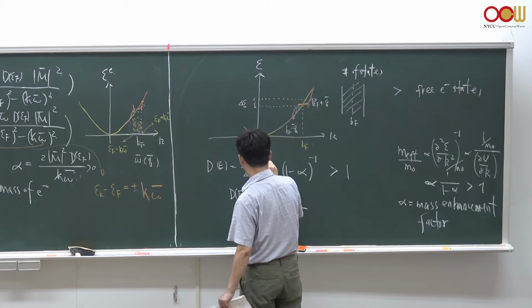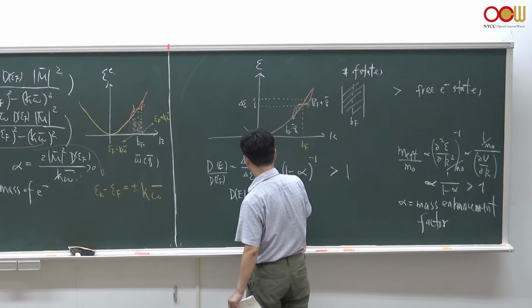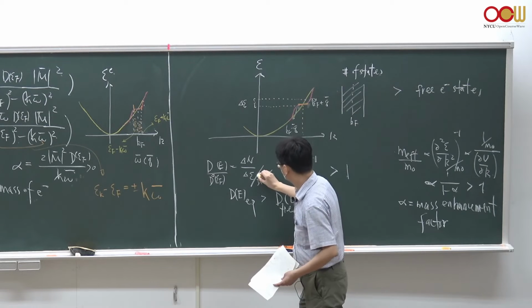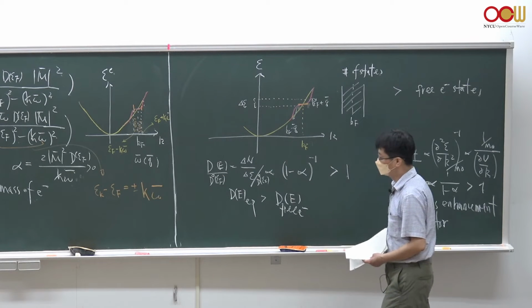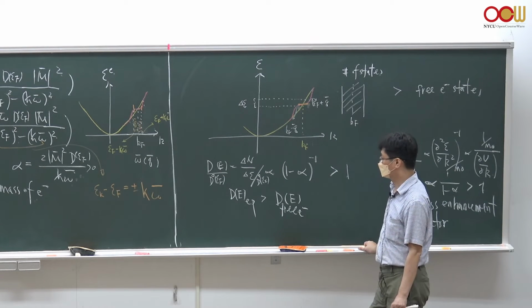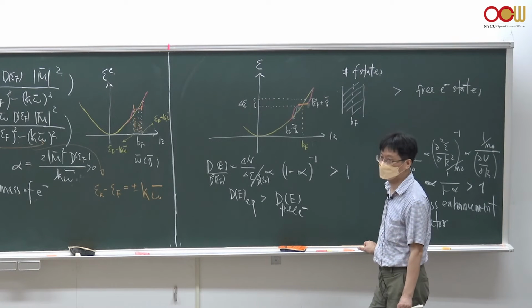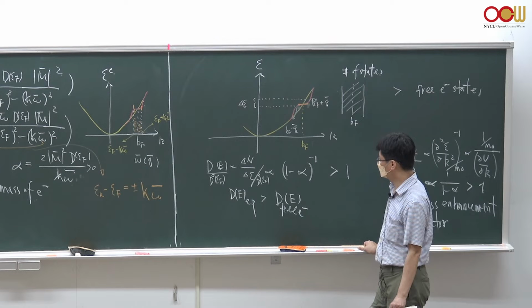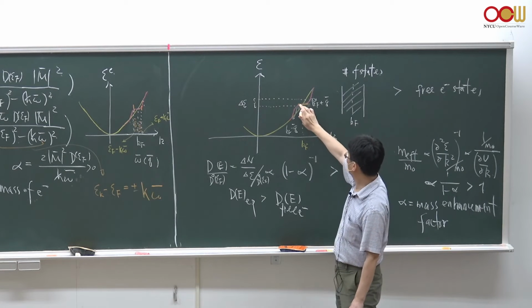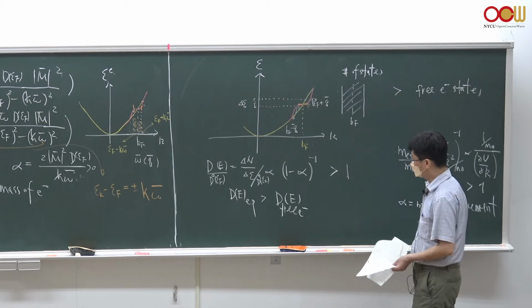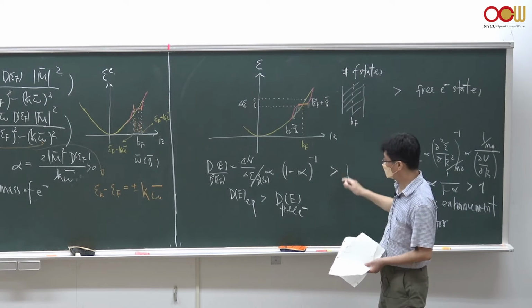Okay, so you could divide this density of states in the electron-phonon system by the free electron density of states at the Fermi level. So compared to the free electron density of states at the Fermi level, this new density of states near this flat region is actually larger than 1.